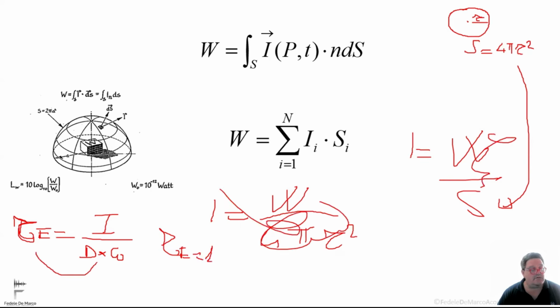We have that the density is equal to the intensity that we have separately calculated before, over c0, the velocity of sound. Okay?